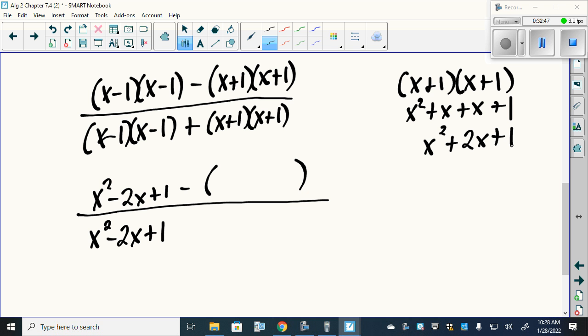So the only difference between the two is the fact that the middle term is positive instead of negative. So the numerator, x squared plus 2x plus 1. Now we don't have to worry about putting parentheses around it in the denominator, because we are adding the two instead of subtracting.